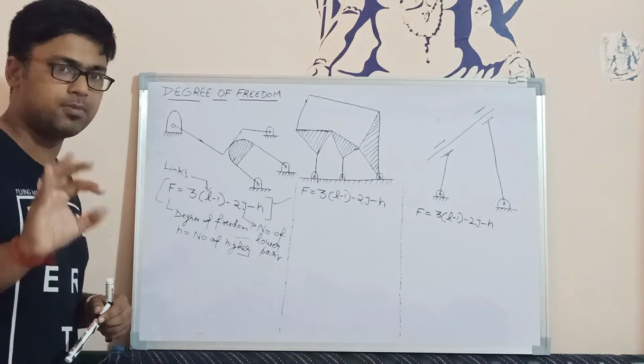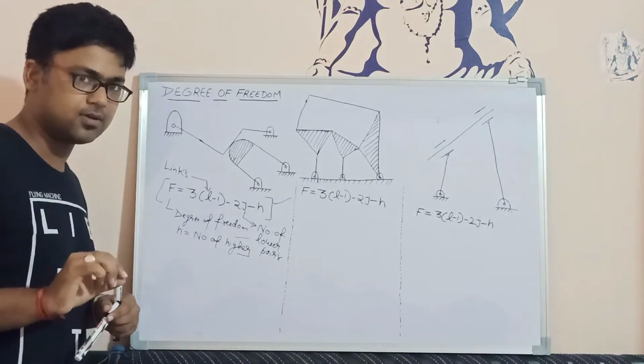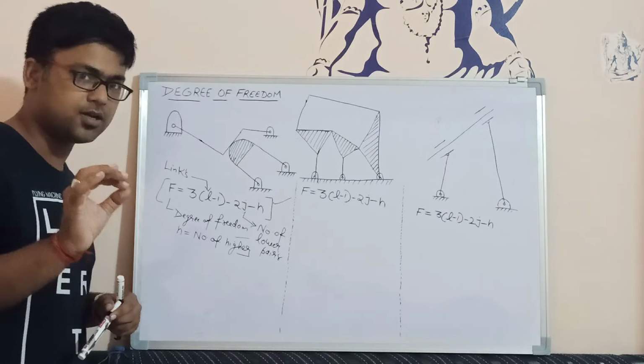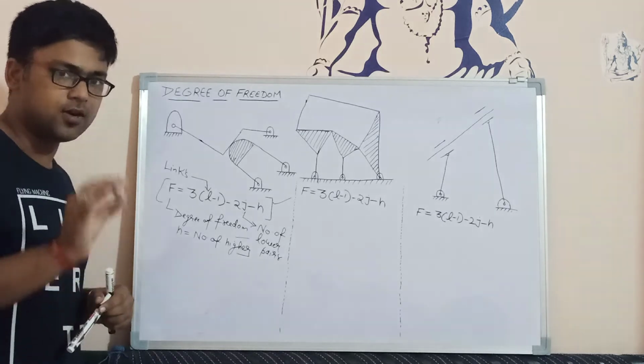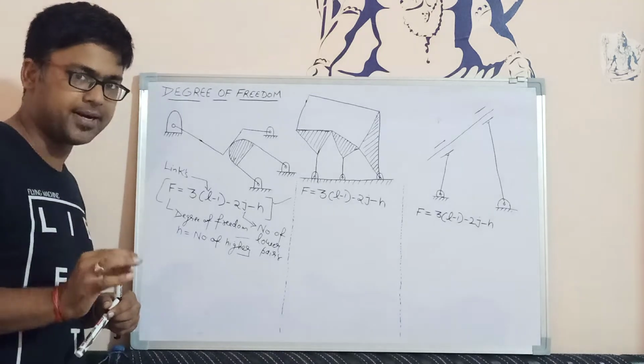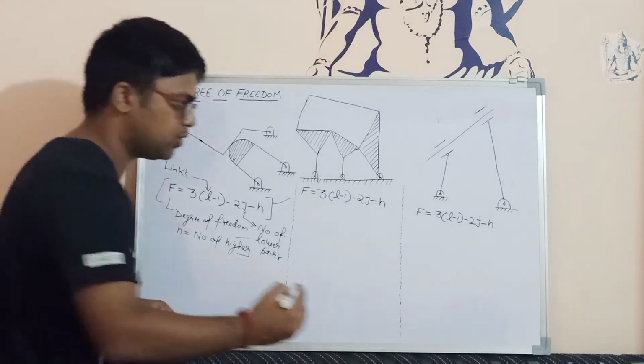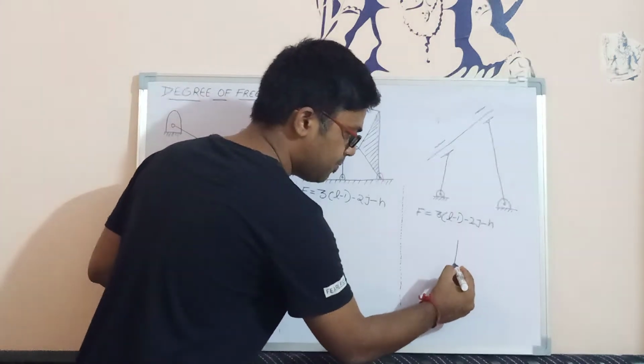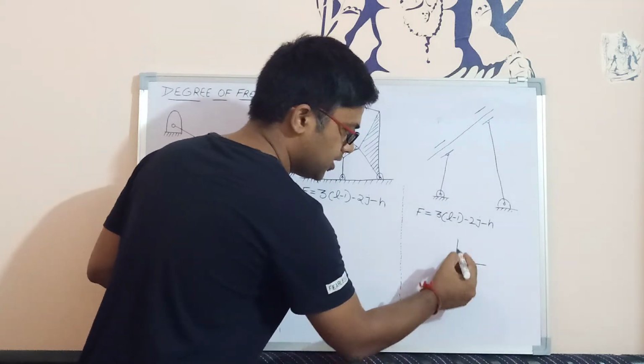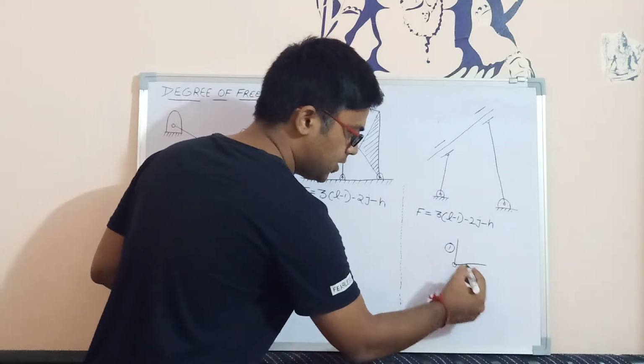Before that, we must know we have 3 types of joint: binary joint, ternary joint, and quaternary joint. If 2 links are joined at the same point, it is called a binary joint. दो different links हैं, link 1 और link 2.